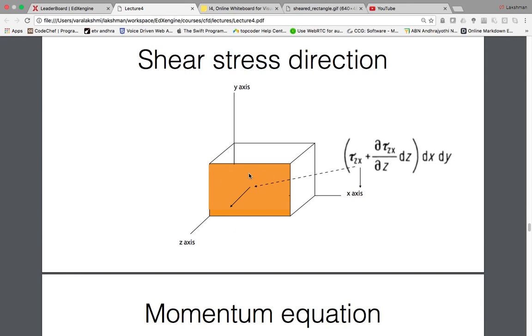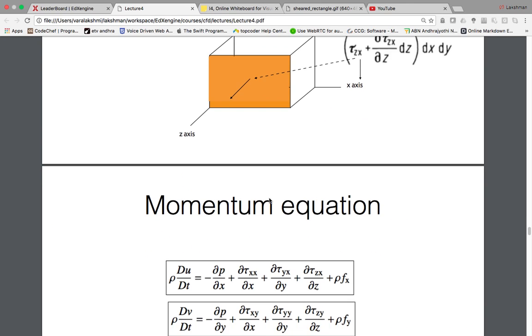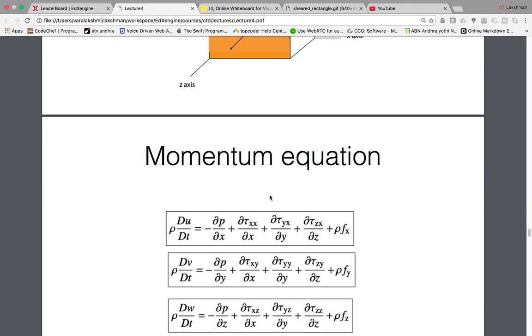And on the front plane, which is dz away from the back plane, you will again apply the Taylor series expansion and you will get this term again. So that is the force acting on the front plane. Just practice on each face, in all directions, on both normal and shear components. If you practice once or twice, you will understand, and you can ask in the next class again.